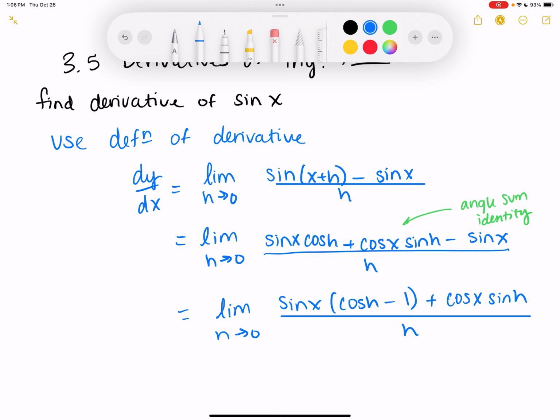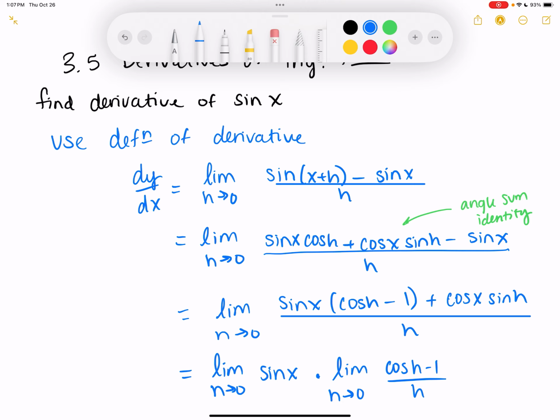So then now I have the ability to break this up into separate limits, which is what's going to allow me to do what I'm doing. So this is going to be the limit as h approaches 0 of the sine of x times the limit as h approaches 0 of cosine of h minus 1 over h.